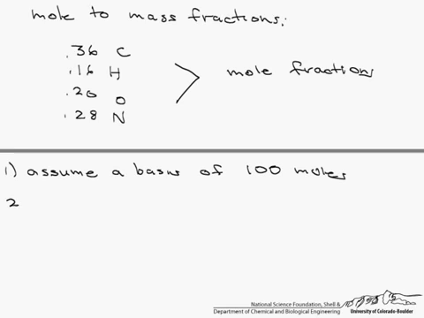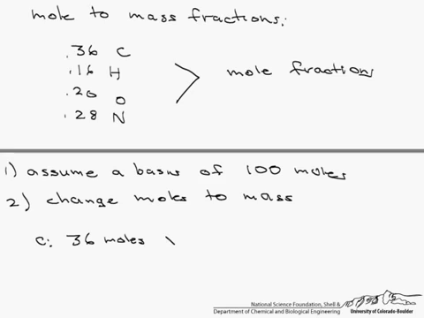The second step is to change moles to mass. Now here with 100 moles as our basis, that means we have 36 moles of carbon, and we multiply it by our molar mass, which is 12 grams per mole, and we get 432 grams.